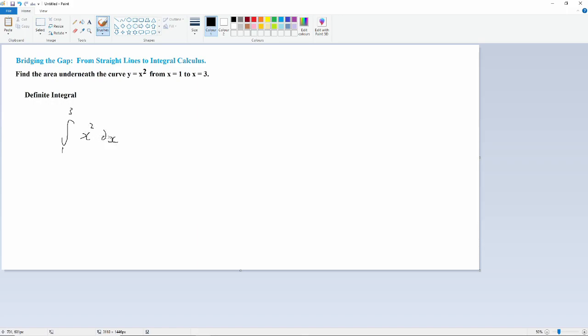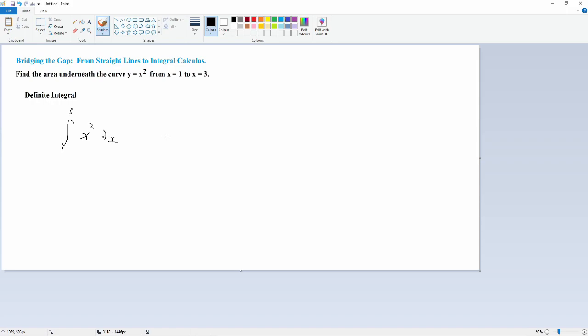And how do we find that? Well, remember it's basically delta y with respect to x, or change in y. So, y equals x squared.